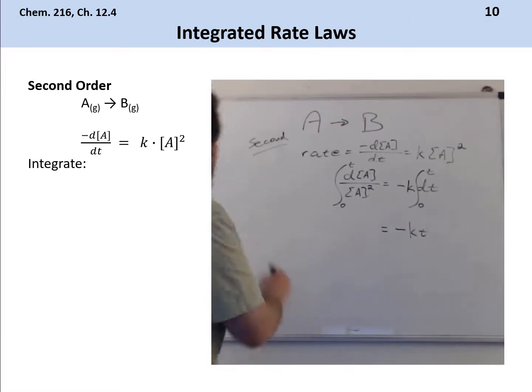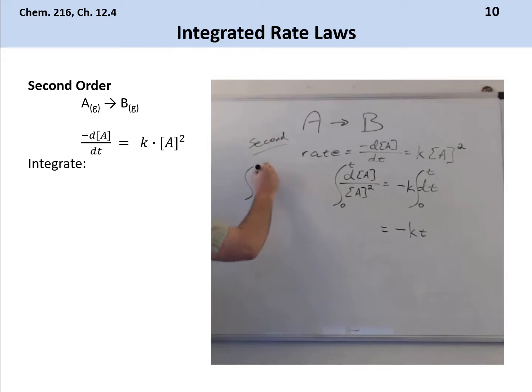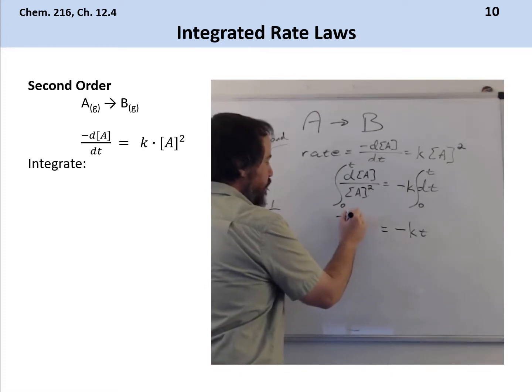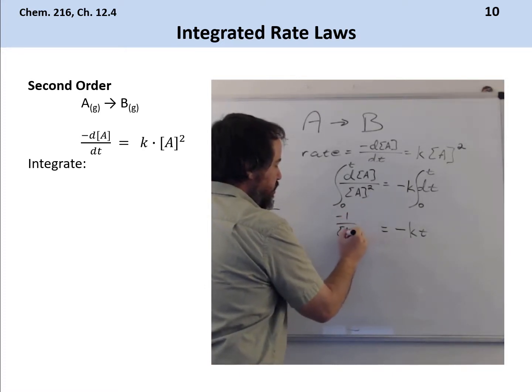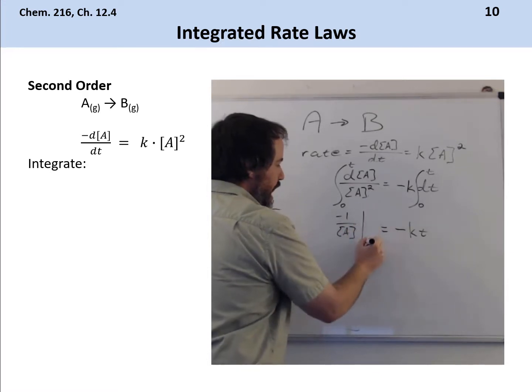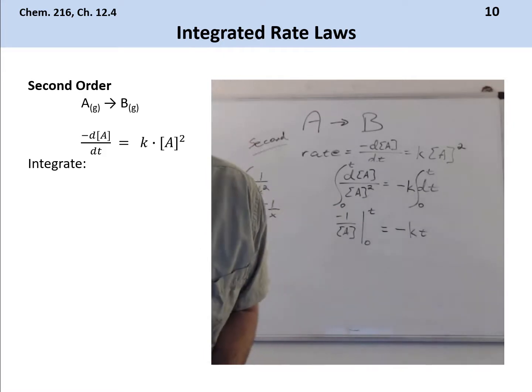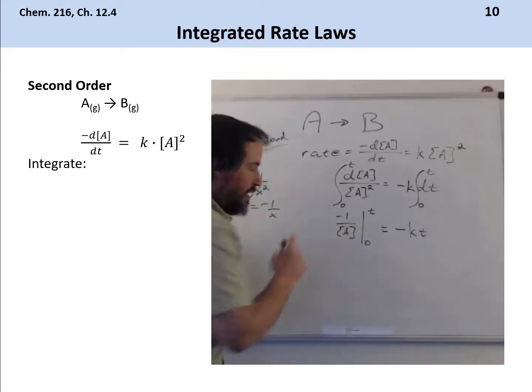But on the left-hand side, the integral of 1 over x squared is equal to 1 over x, but with a minus. Okay? So seeing in this case x is equal to A, this is going to get us negative 1 over the concentration, evaluated from time 0 to time t.